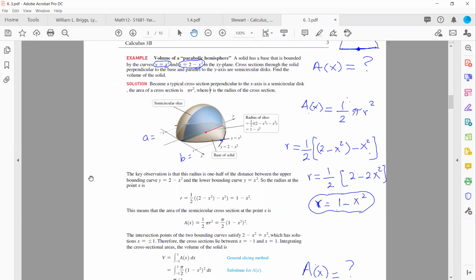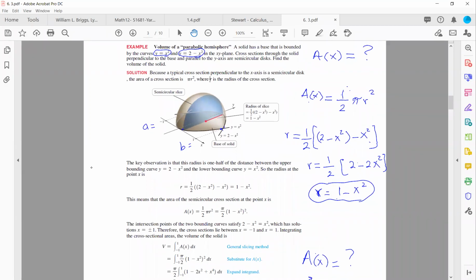Very well, we have the area. Now we can follow the volume formula. Volume is the integral, a is -1, b is 1, and we found the area to be pi over 2 times (1 minus x squared) raised to 2 dx.